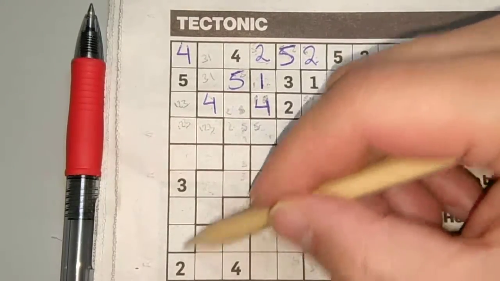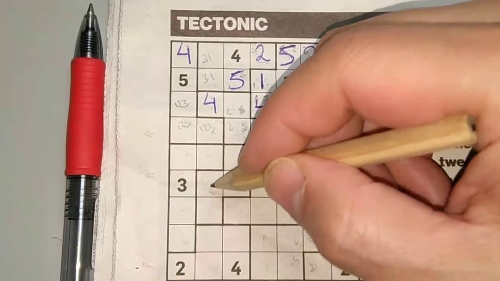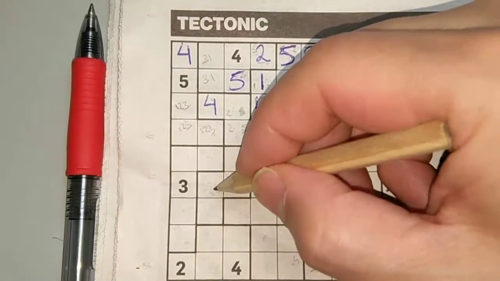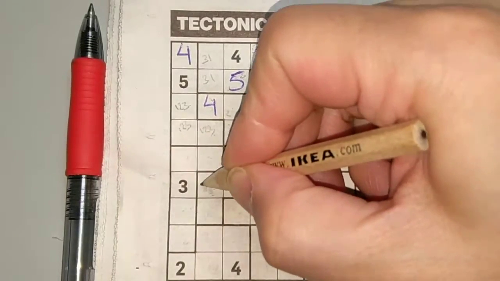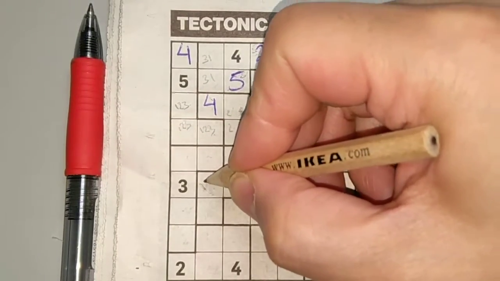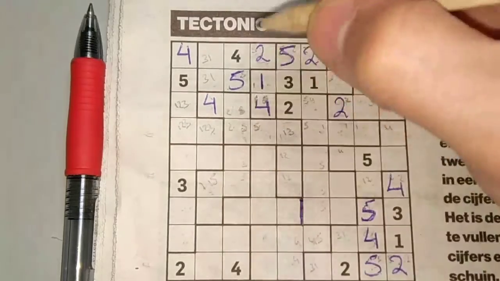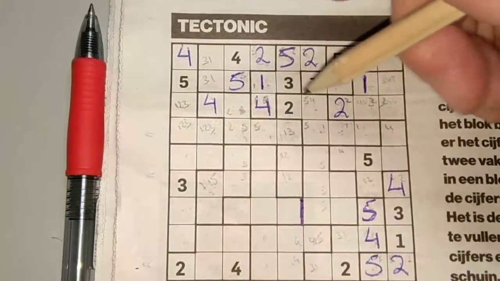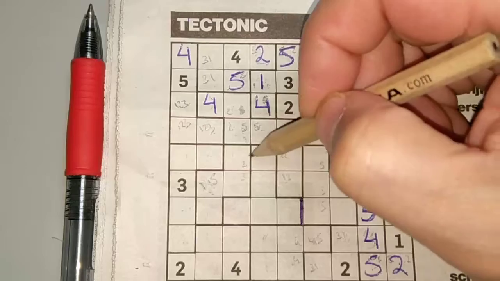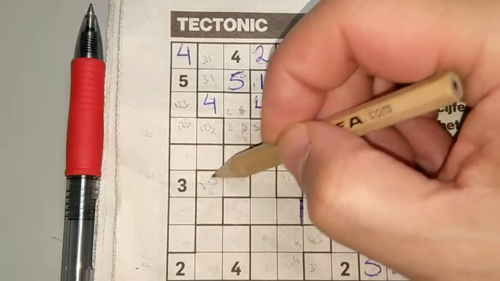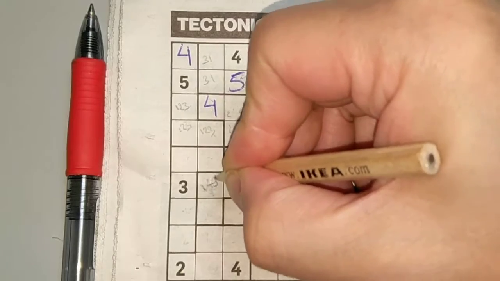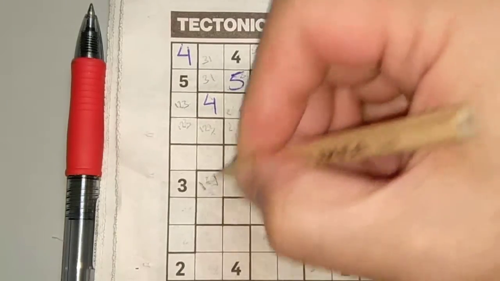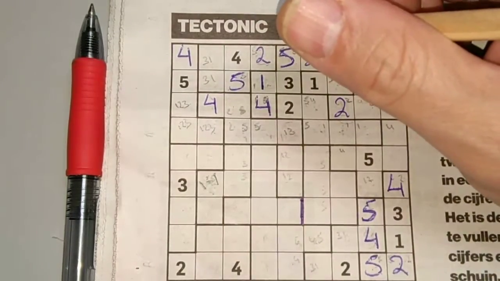Here also not a 2. This cannot be a 3. This should be a 1, a 4, or a 5 in this box. But we don't have a 5 in this 4 box. So it's a 4 or the 1.